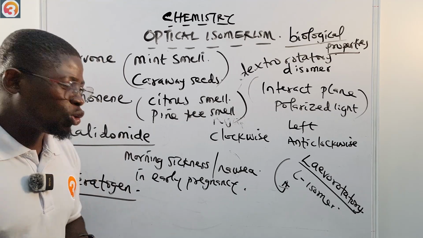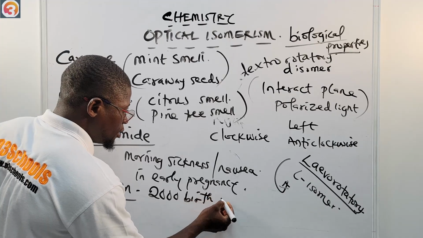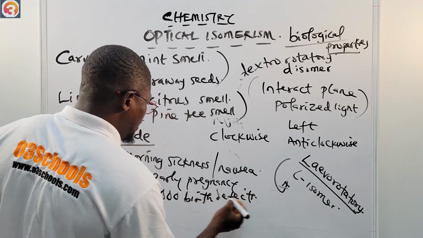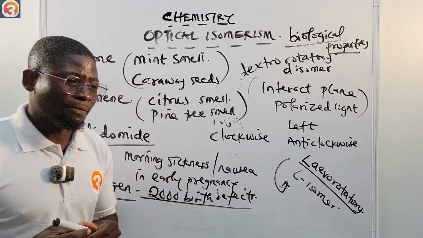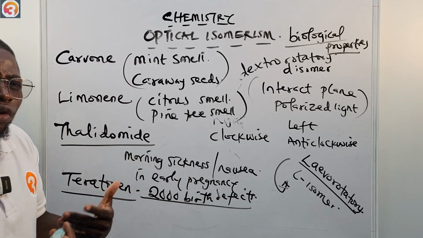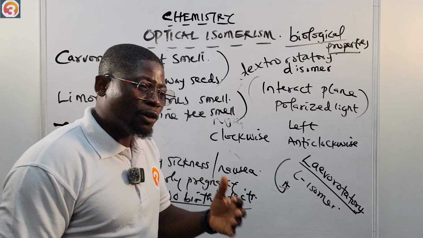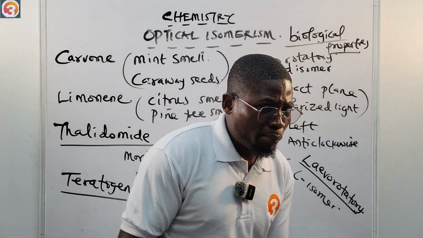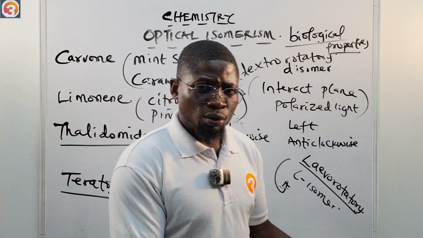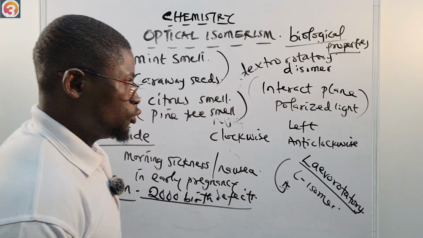In fact, it has been known to cause over 2,000 birth defects. So you can see, this is why we study optical activity, so that you know that this particular isomer is optically active. Then you will know its properties and see what it can do, because we do not just administer drugs to people.